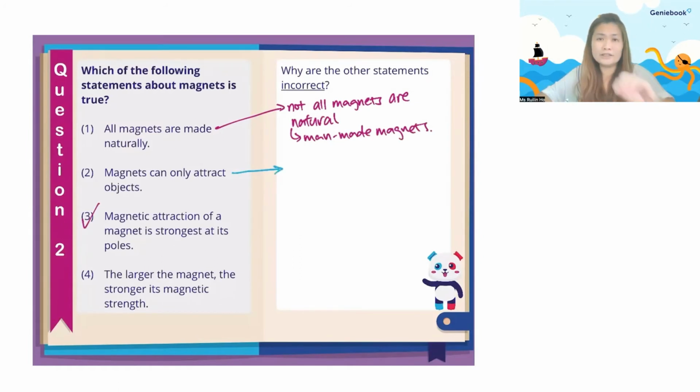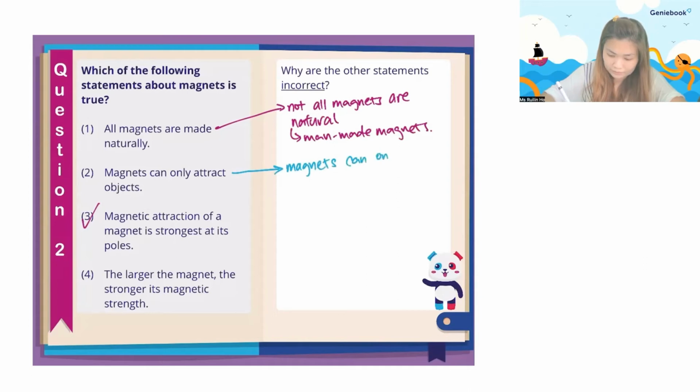The thing is, it's not just attracting objects. Magnets can only attract other magnets as well as magnetic materials.